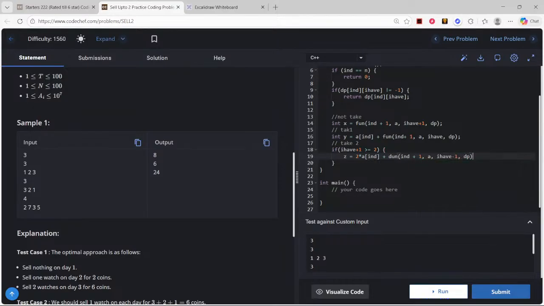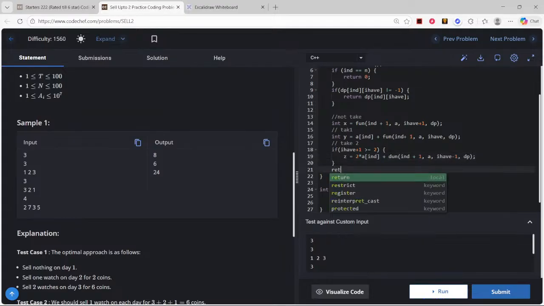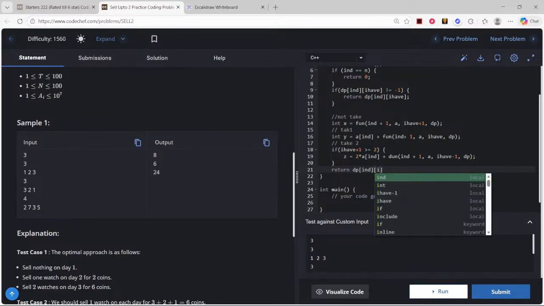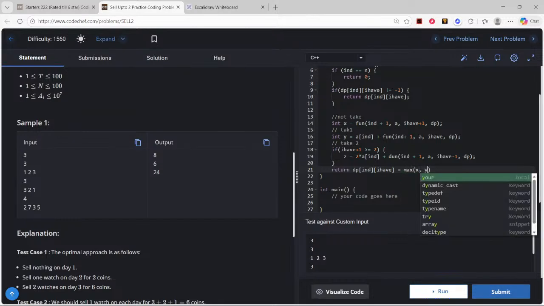Okay. Return dp, and dp of i is equal to max, right? The max of x, y, z.